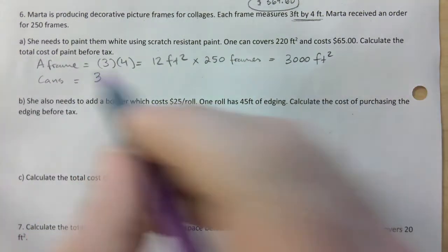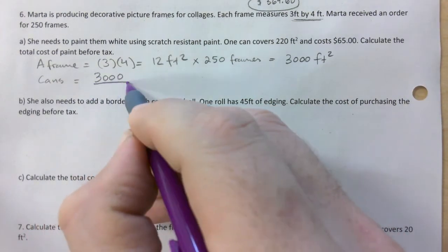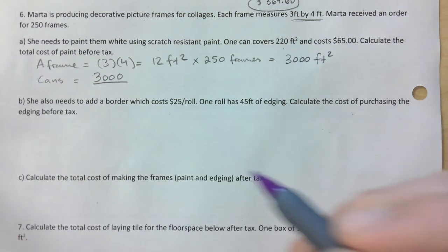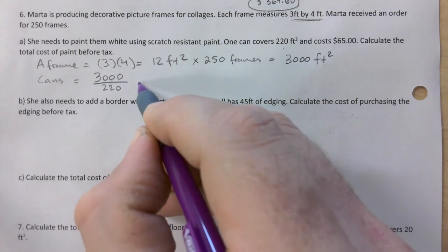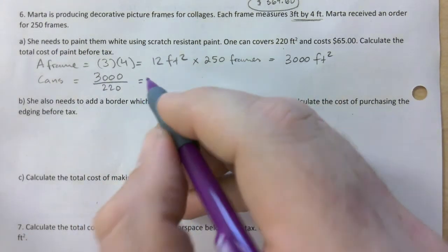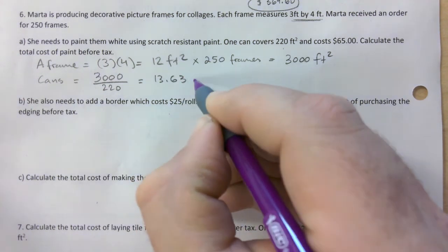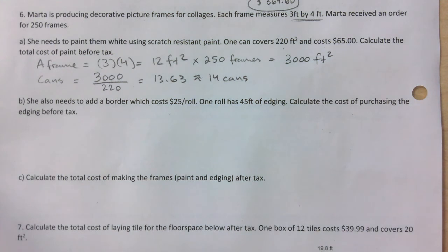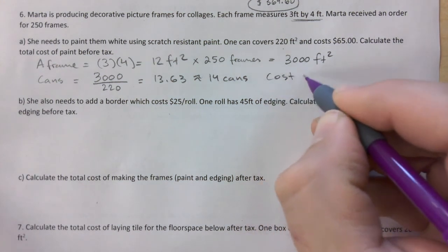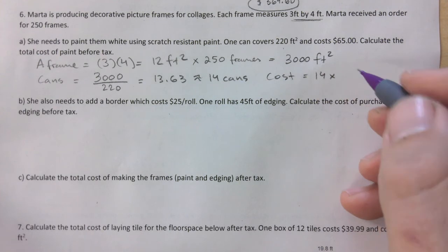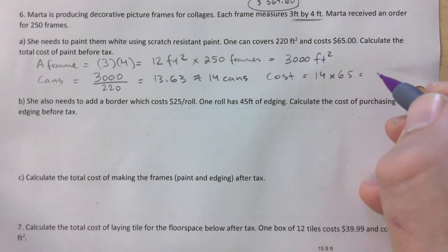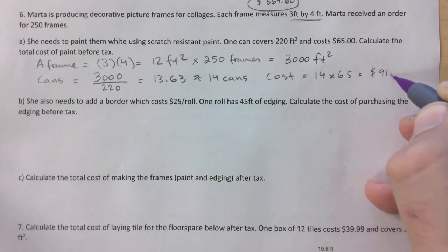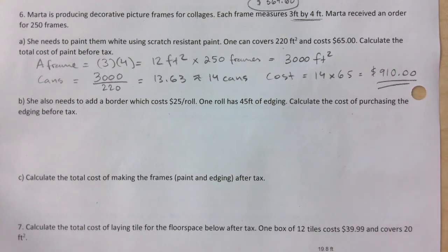Well, you take the 3,000 and you divide it by how much you can cover with one can. Okay? So that is 220, which is 13.63, which is approximately 14 cans that you need. Cost is 14 times $65. We're not going to do taxes just yet. So that's 910. You're done there.